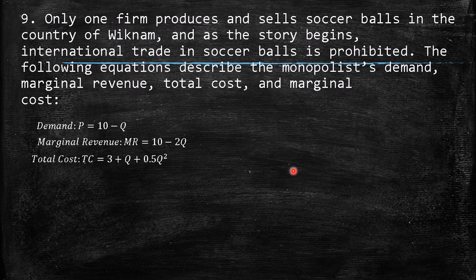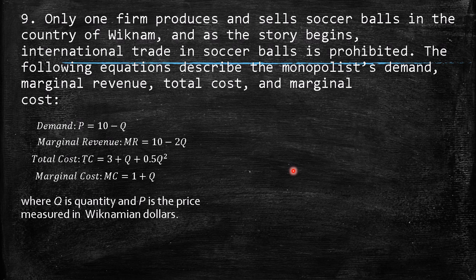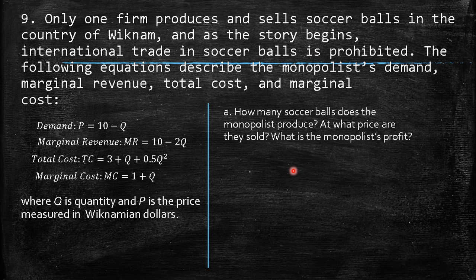The other two terms are the variable cost, all with plus signs, because any time you increase your quantity produced, your total cost naturally will increase as well. Here we have the marginal cost, which is 1 plus Q, the derivative of total cost, but we don't need that concept so far because it's already provided by the book. And here they explain the labels: Q is the quantity and P is the price, measured in Wiknamian dollars.